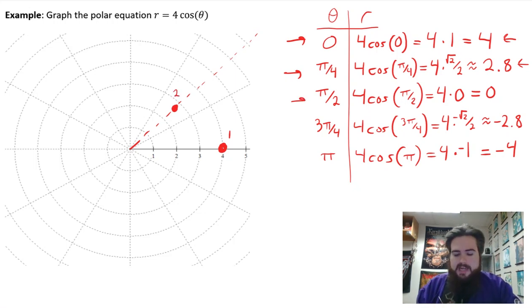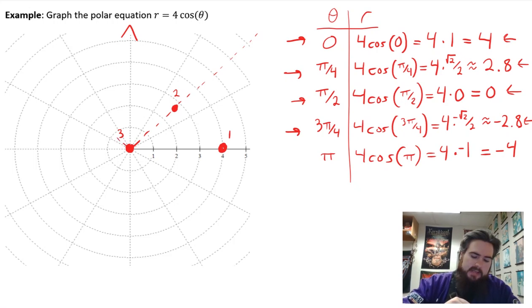My third point I have is pi halves with 0. That means face towards pi halves, face vertically, and walk a distance of 0. If you are walking a distance of 0, that means you're not moving, means you're at the pole. That's our third point. Next, we have 3 pi over 4 and negative 2.8.